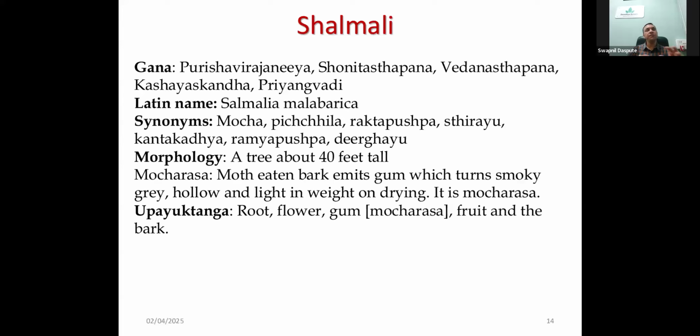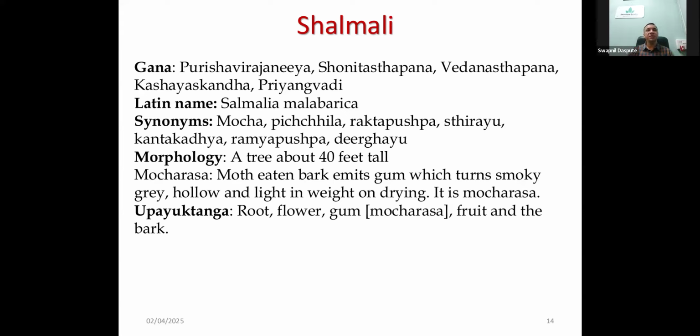In Vedana Sthapana, it will alleviate the vata dosha which is causing that pain, and of course the other medicines which are being used will keep healing the other causes of the pain from which it is arising.